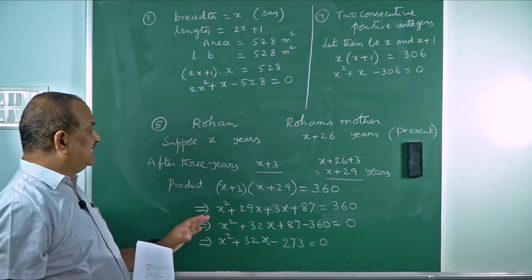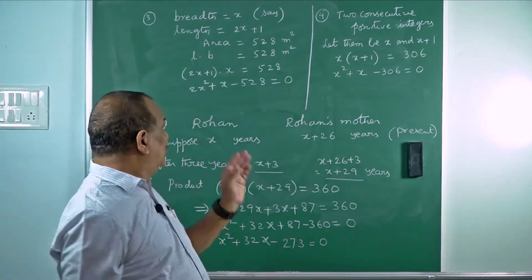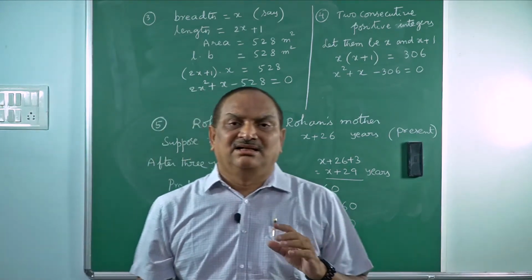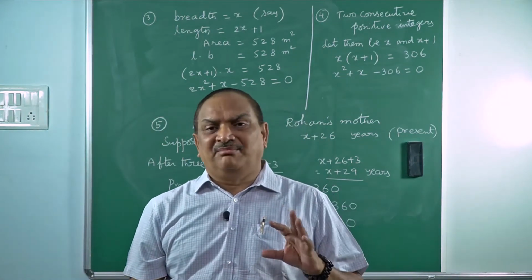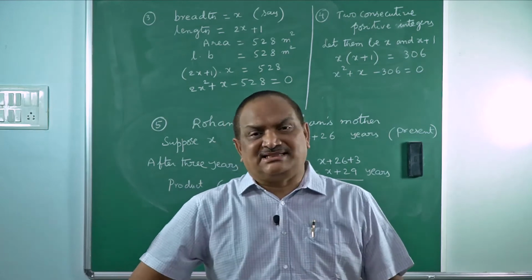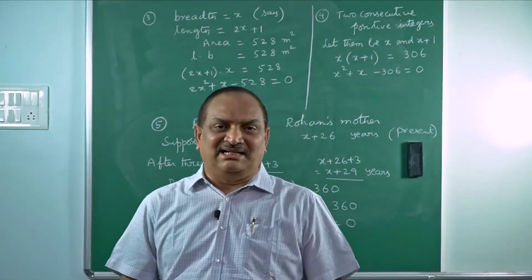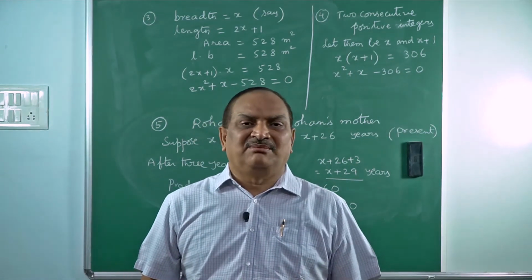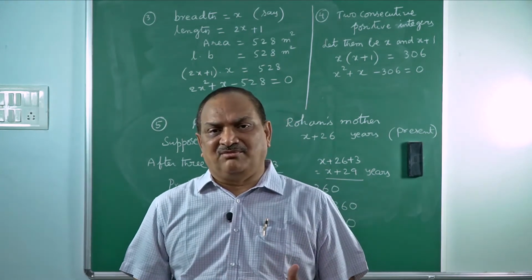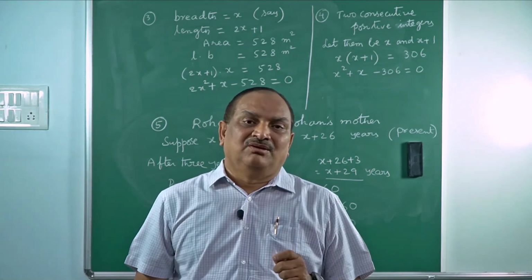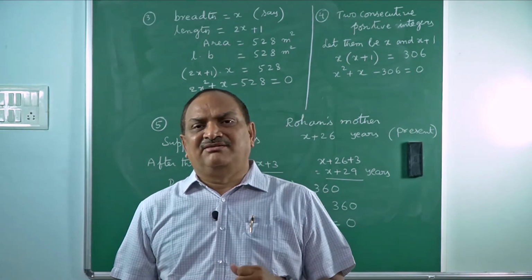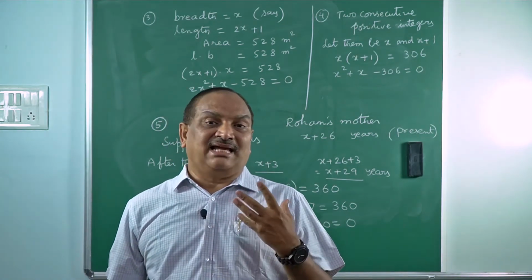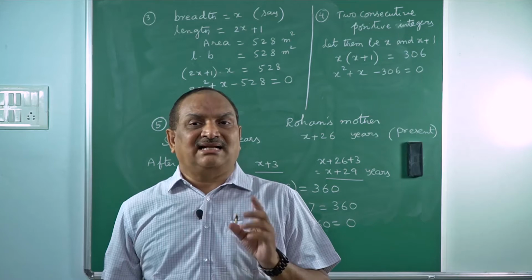I just repeat this one. You have Rohan and his mother, and their ages differ by 26. It's all the time 26, no matter when you are measuring it. Always his mother must be 26 years older than him, throughout the life. But there is something very significant if you observe how many times her age is to his, and that's going to change.